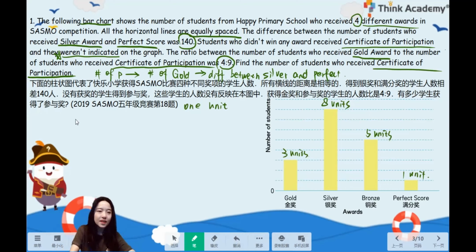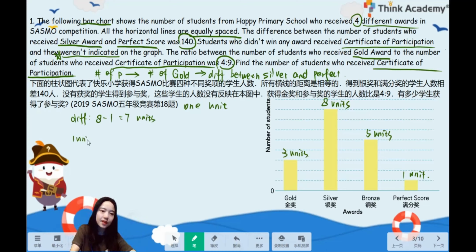So based on this, we can find the difference between silver award gainers and perfect score gainers. The difference is 8 minus 1, which is 7 units. And the difference is 140 students.